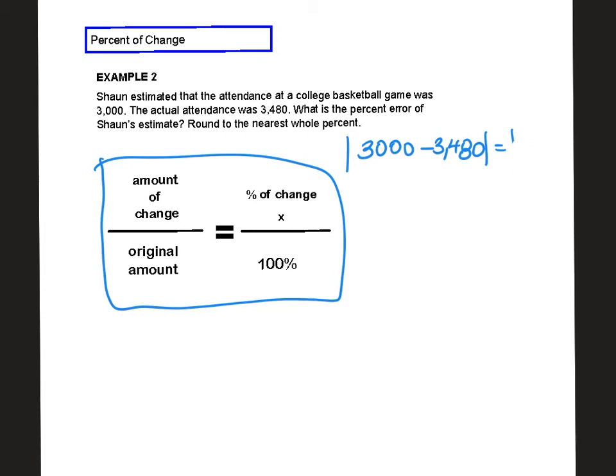When we subtract, we get negative 480. The absolute value of that is 480. So that's our change. So the amount of change over the original amount. Now, what's the original amount? Oh, 3,000. Okay. Over the percent of change. I don't know what that percent error, that percent of change, that percent increase, all of those are the same, is over 100. And I wrote 1,000.